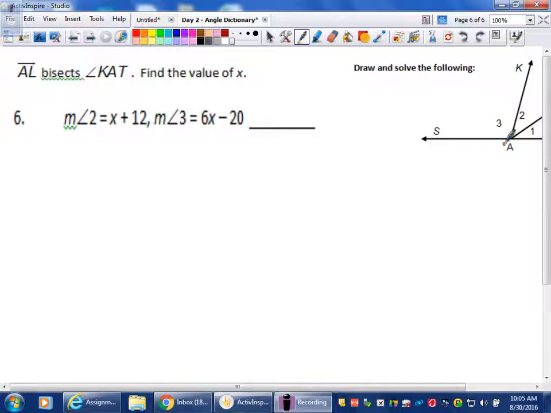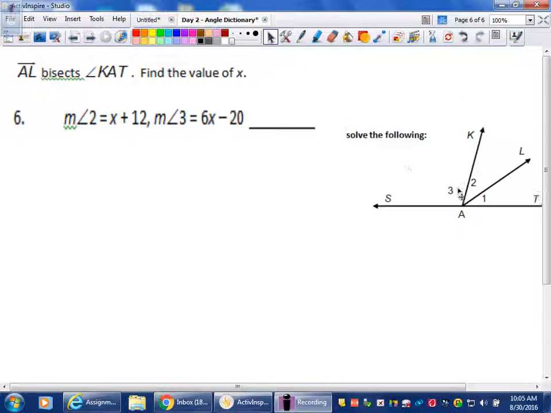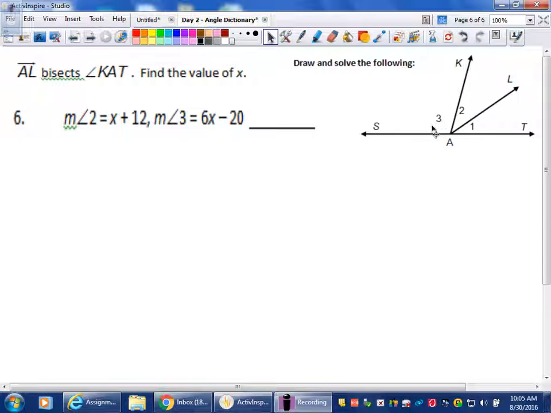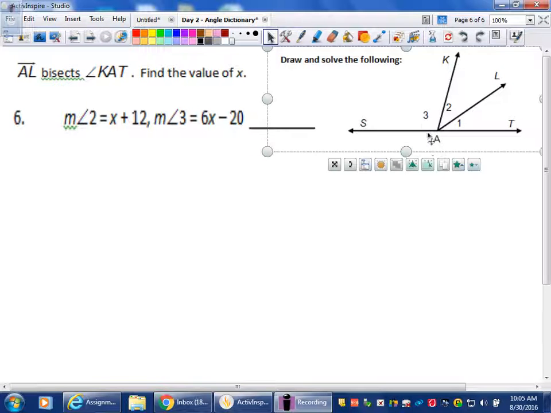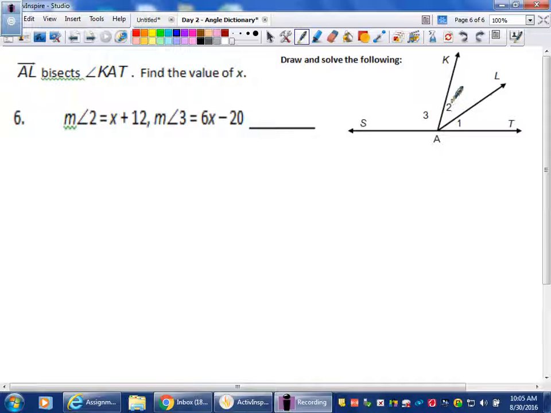Now let's look at number 6. Uh-oh, again, having troubles with my picture. There we go. Alright, again, they told us that AL bisected, so I know angle 1 and angle 2 are the same measure.